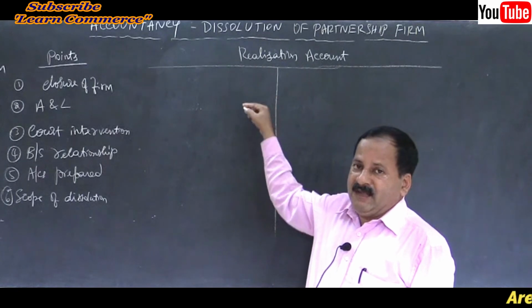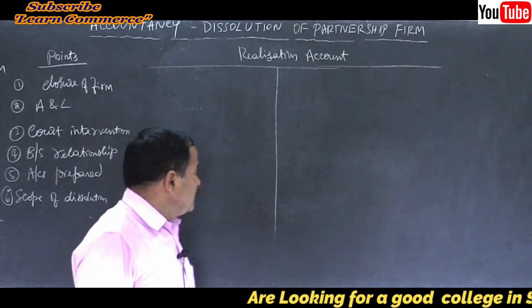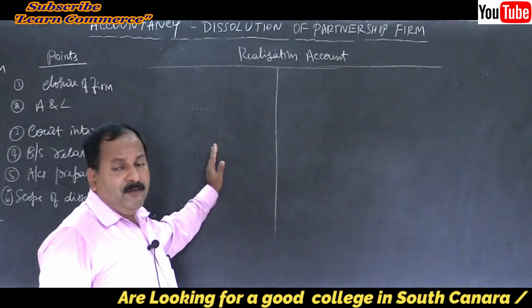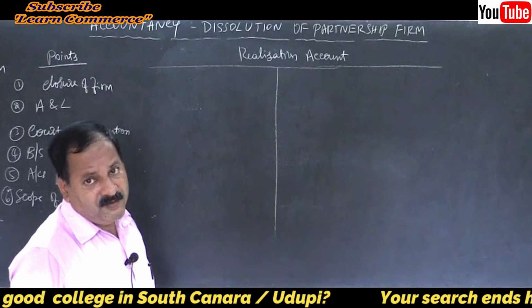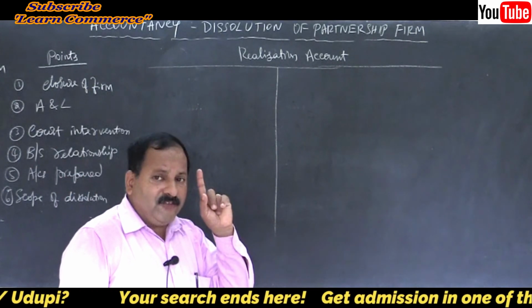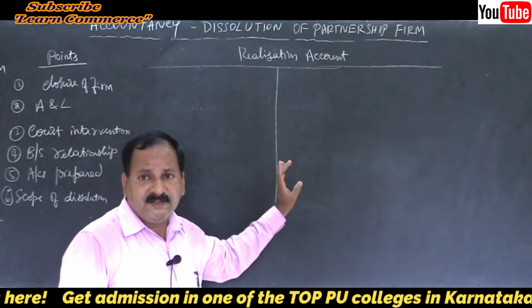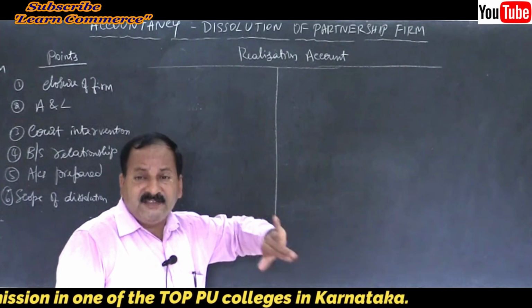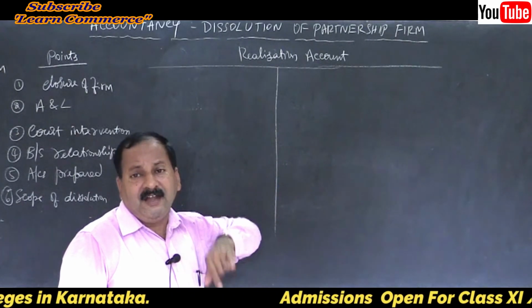Final payment made, that is what we will do. Then by seeing the realization account and capital account, we will prepare cash or bank account. In the same way, whatever we did under admission and retirement, if cash in hand is there, we will prepare cash account, we will pass all cash entries. If only cash at bank is there, then we will pass all bank entries and we will prepare bank account.